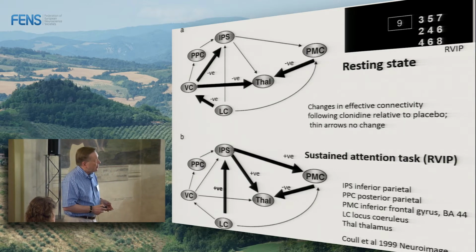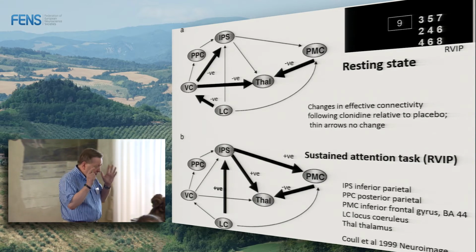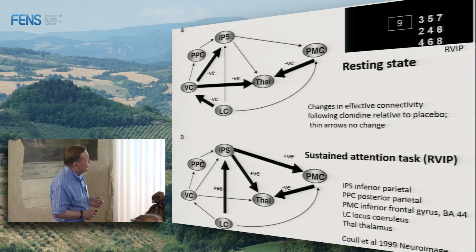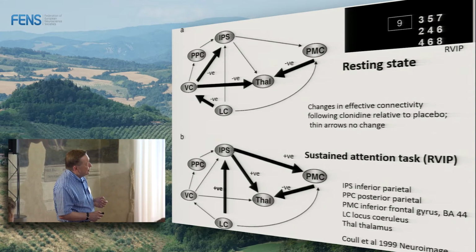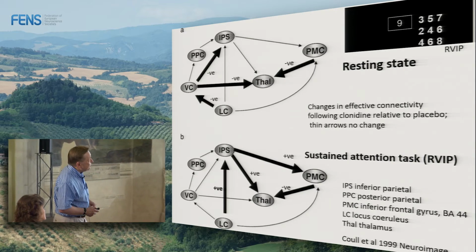But in this task, subjects had to attend to this central location and repeat the digits that were presented at a very fast rate here. So you couldn't be distracted at all because you would then make many attentional errors. So you had to sustain attention over several minutes and respond to specific sequences of digits with a response, okay, these particular series.